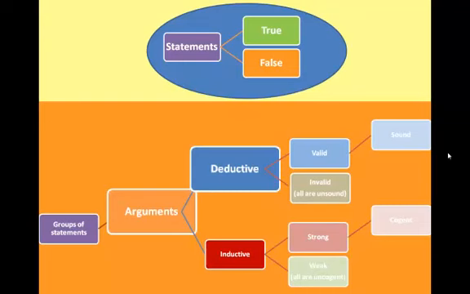All invalid deductive arguments are also unsound. The only sound argument is when the deduction is valid, meaning the structure is good and the premises are both true and the conclusion also true.